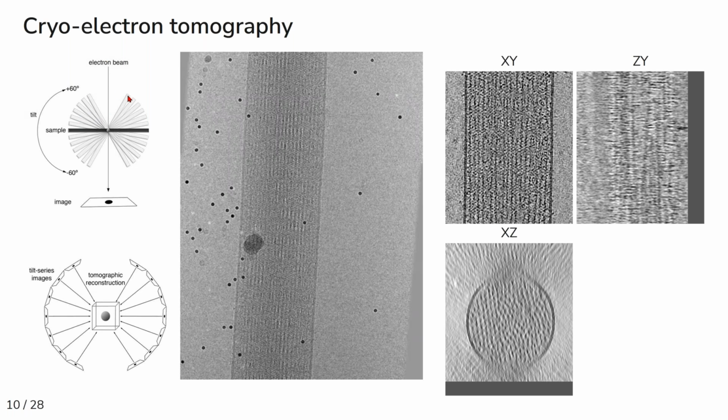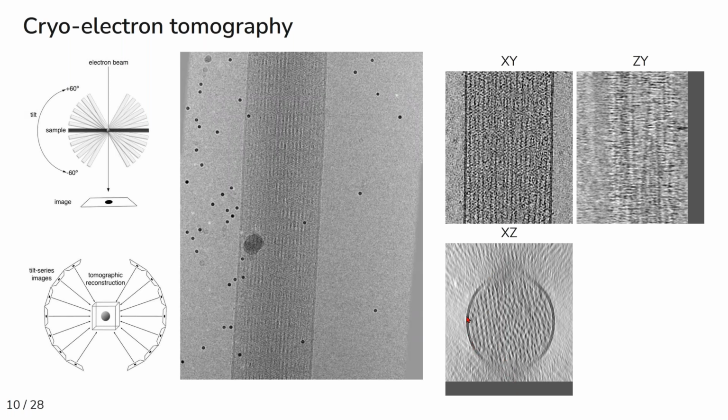So we have this wedge where we have no information, and that means our Fourier space is not completely filled, and we will have missing information and artifacts in some of the directions. In XY slices, everything looks fine. The membrane looks fine. You can almost see individual actin monomers. In the XZ slices, things also still look fairly okay.